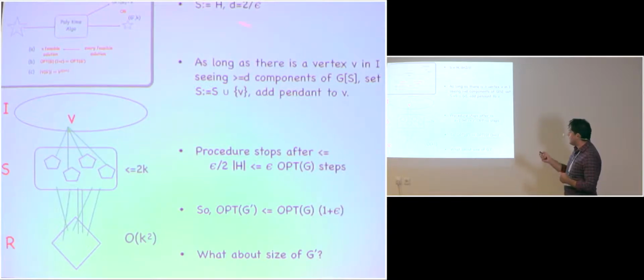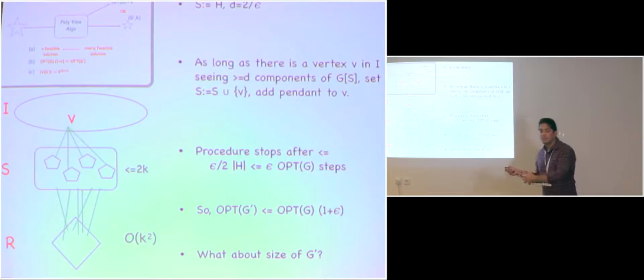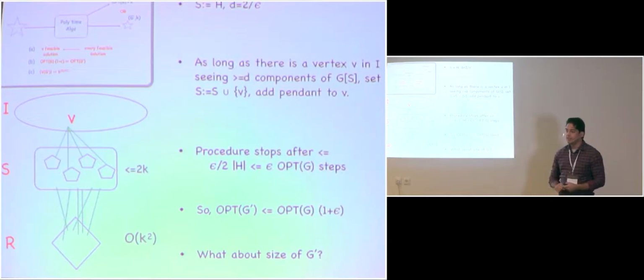you pick a D as before in the maxstat example, which is inversely dependent on epsilon. And as long as you have a vertex V which sees many connected components of H, you just force this into your approximate solution. And one easy way of forcing it is just add a pendant vertex on it. That is a vertex of degree 1 with this guy as the only neighbor.